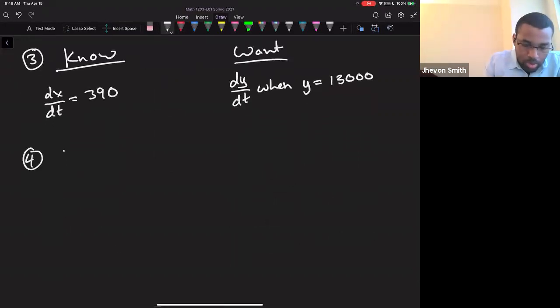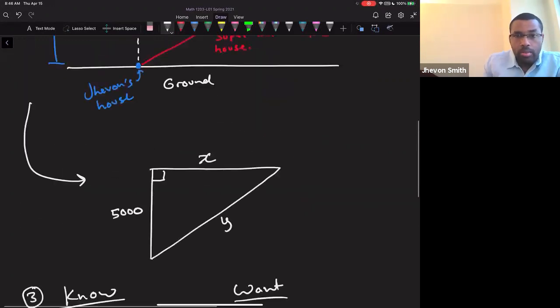4, we're going to come up with an equation. What's the equation here? x squared plus y squared equals z squared. There's no z. Oh, sorry, equals, wait, the way I set this up was different, but okay, yeah, just look at this diagram.